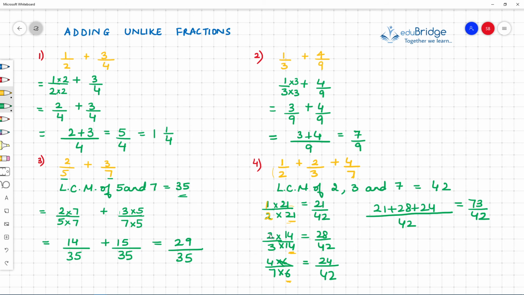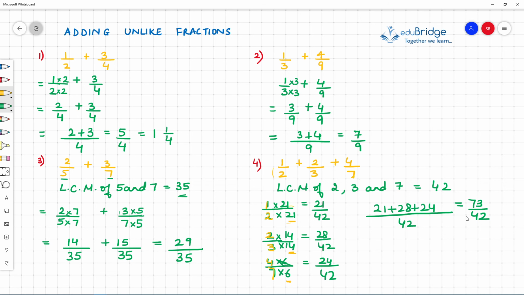For the second fraction, 2 by 3, I multiplied 2 and 7, which was 14. For the third fraction, 4 by 7, I multiplied the other two fractions' denominators, 2 times 3, which is 6. This step is required so that you can reach a common denominator for all three fractions. I hope these examples are clear on how to add unlike fractions.